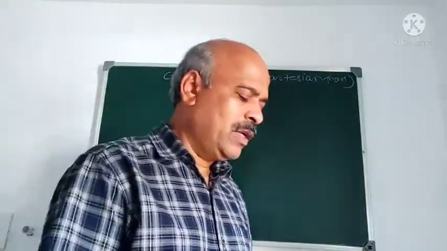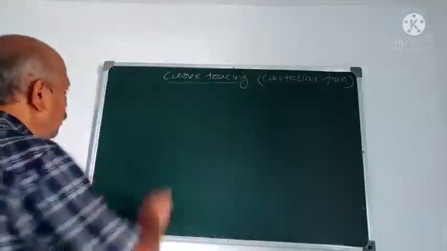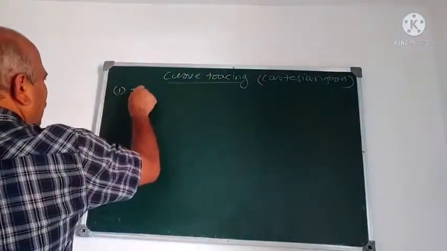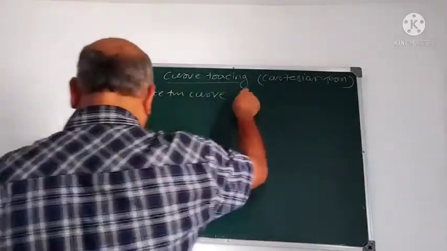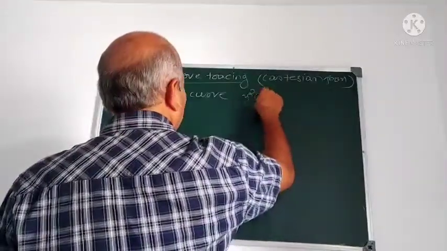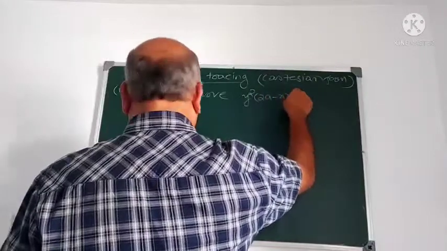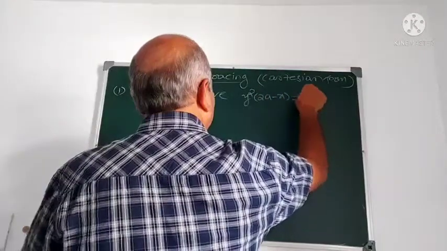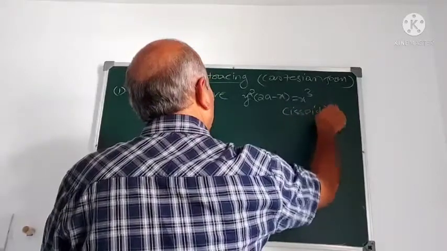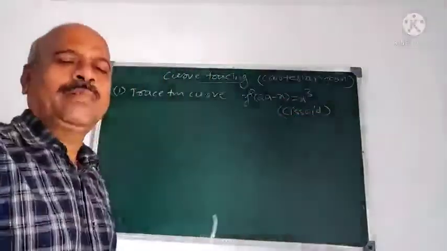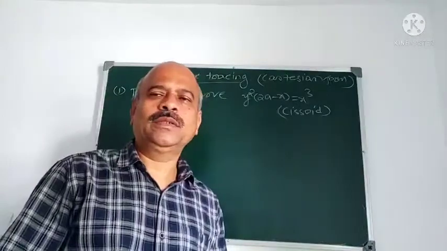Problems I take one by one, different types of problems. First is: trace the curve y square into 2a minus x is x cube. It is called cissoid, a standard curve that you will come across very often.